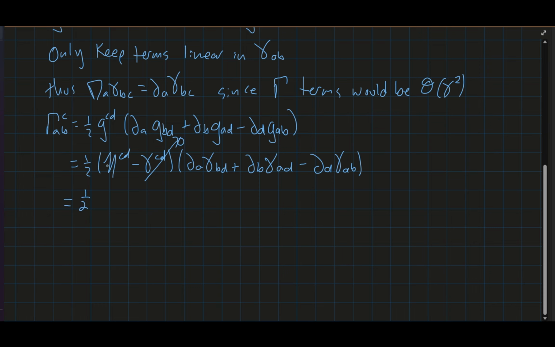I could rewrite this again with the eta out front, but let's just use it to raise indices to clean up even further. We get del_a gamma_b with the d coming up and becoming a c, del_b gamma_a with the d coming up and becoming a c again, and then minus del^c gamma_ab. So this is our Christoffel symbol equation that we can come back to later.